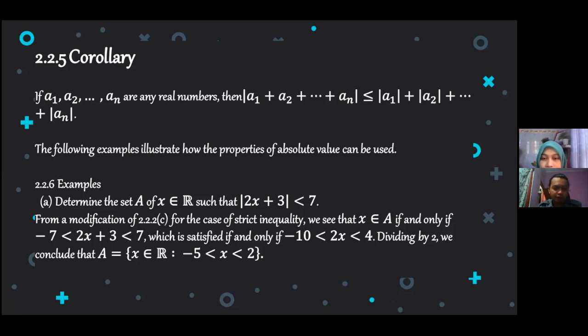From the notification of 2.2.c for the case of strict inequality, we see that x is an element of A if and only if negative 7 is less than 2x plus 3 less than 7, which is satisfied if and only if negative 10 is less than 2x less than 4. Dividing by 2, we conclude that A is equal to the set of x elements of R where negative 5 is less than x less than 2.